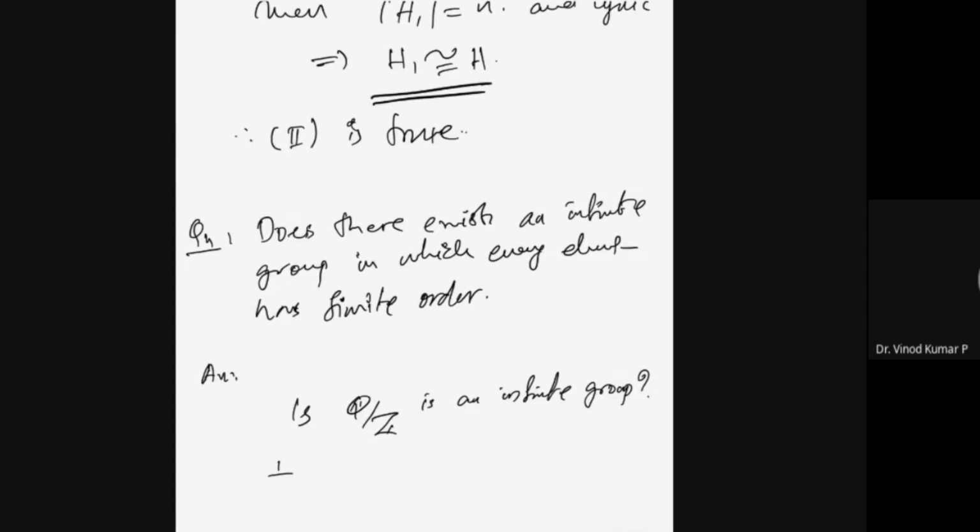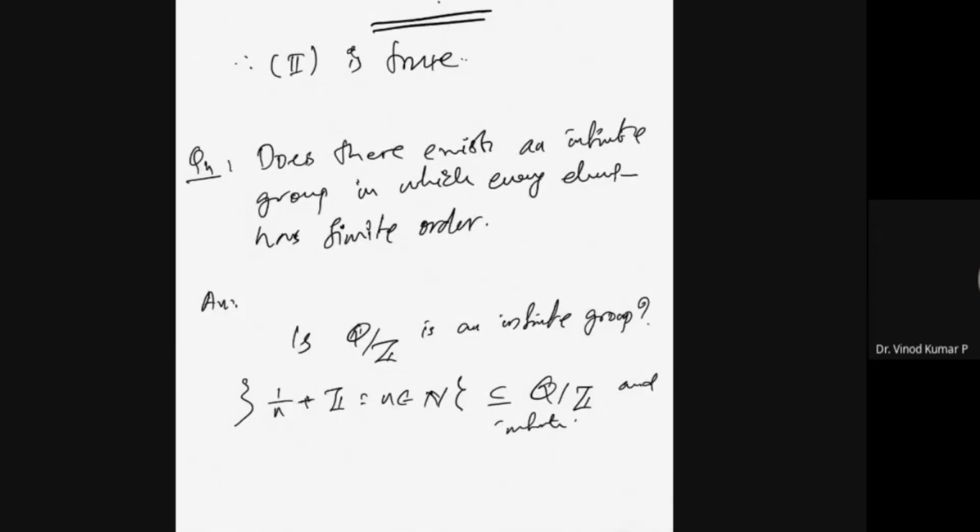Like earlier, you consider the set of 1/n + Z, n belongs to N. This is a subset of Q/Z, and it is infinite because, to say this is an infinite set, it is enough to say 1/n + Z is not equal to 1/m + Z when m is not equal to n.